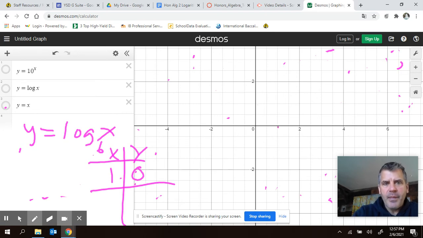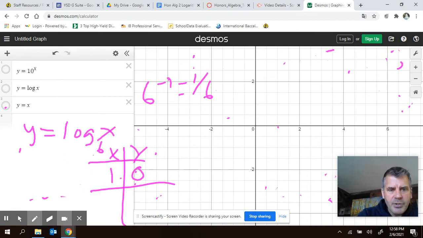Now, if you stop and think about this, this should make sense. Isn't 6 to the -1 going to be 1/6? So that tells you that you can put in 1/6 into your function for x, and that's going to give the result of -1.